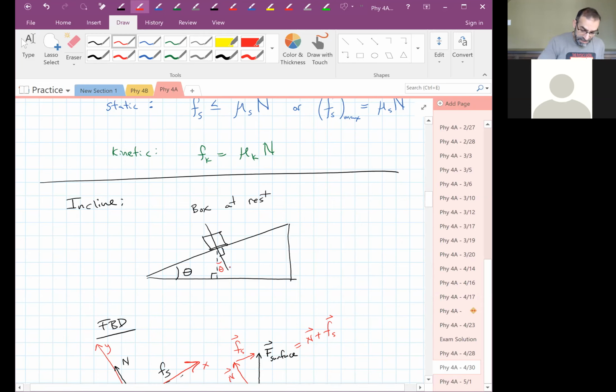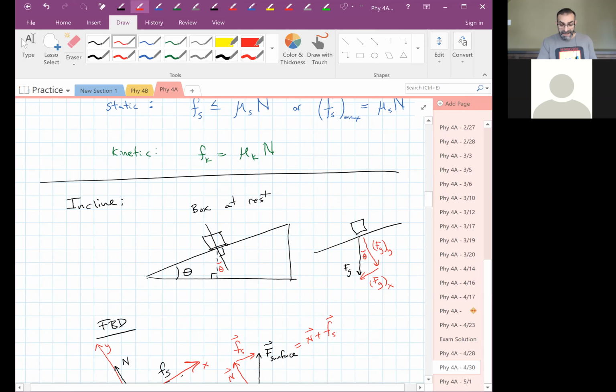So the force of gravity, let's take a look at our box one more time here. The box is here. Force of gravity is this one, right? We want to break that up into a component that's normal, the y direction, and a component that's parallel to the surface, the x direction, and we know this angle is theta.